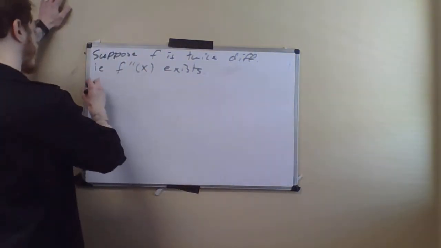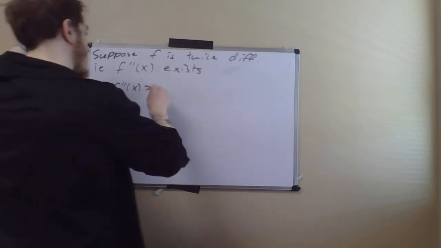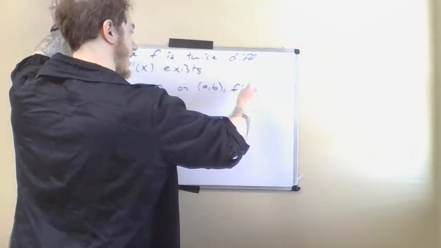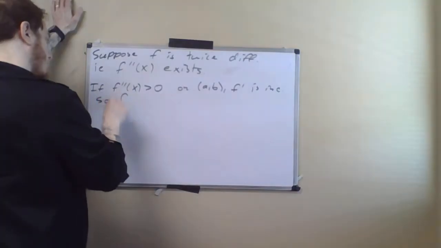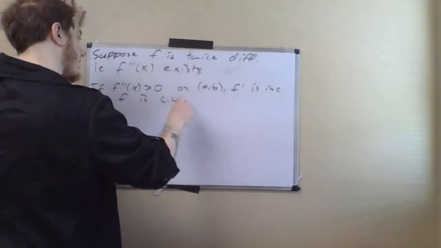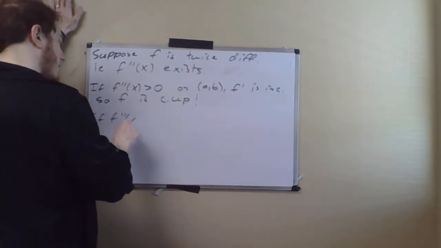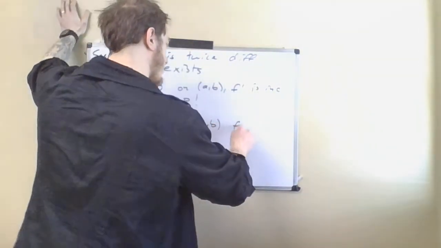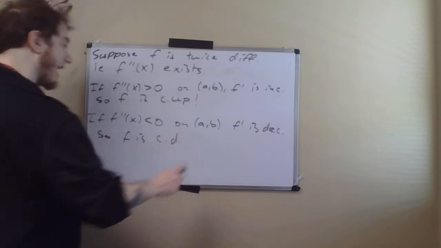Then, if f double prime of x is bigger than 0 on some interval, f prime is increasing, so f is concave up, and if f double prime is less than 0 on some interval, then f prime is decreasing, and you can probably see where I'm going with this. f is concave down.